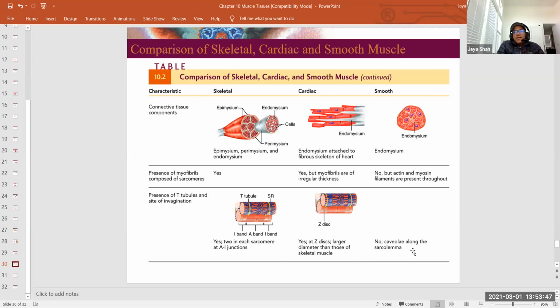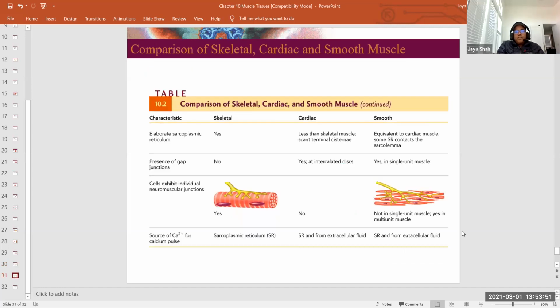Rather, there are caveolae along the sarcolemma. This is the sarcoplasmic reticulum, very extensive in the skeletal muscle, less than in skeletal muscle. And then this is like equivalent to cardiac muscle in a smooth.